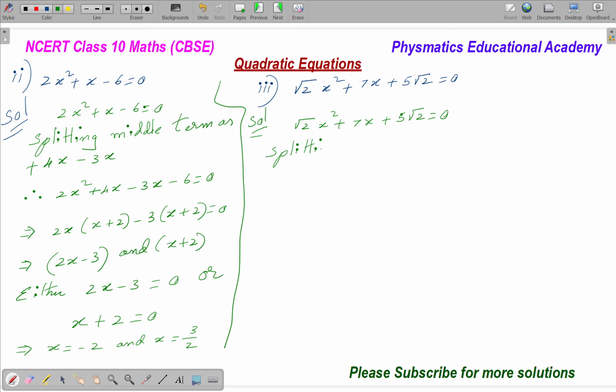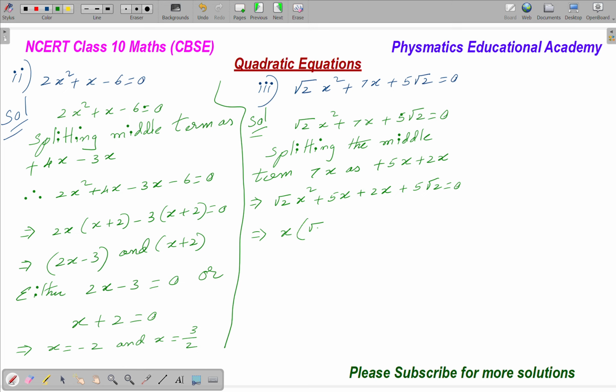Splitting the middle term 7x as 5x plus 2x, that implies root 2 x square plus 5x plus 2x plus 5 root 2 is equal to 0.